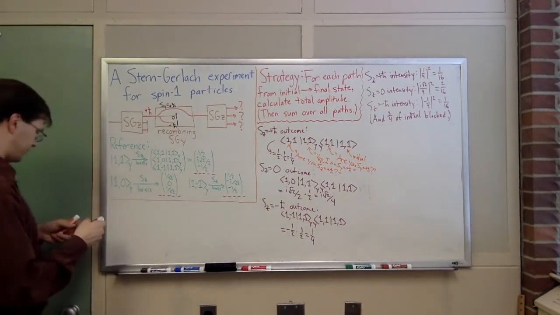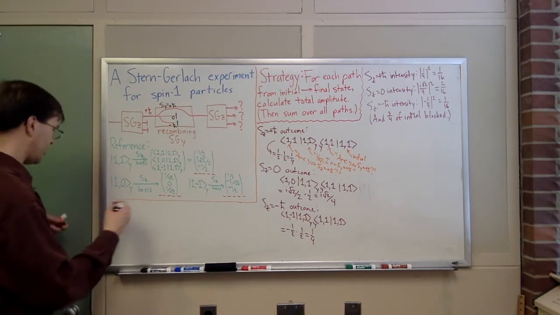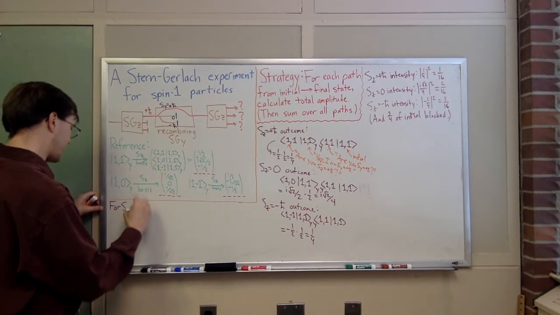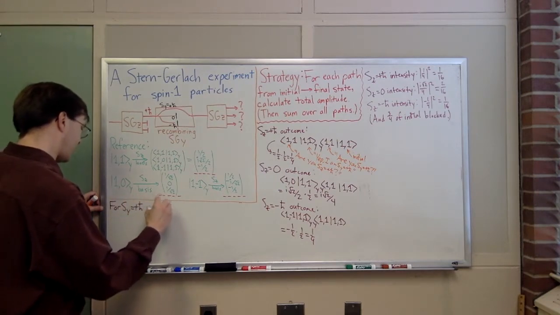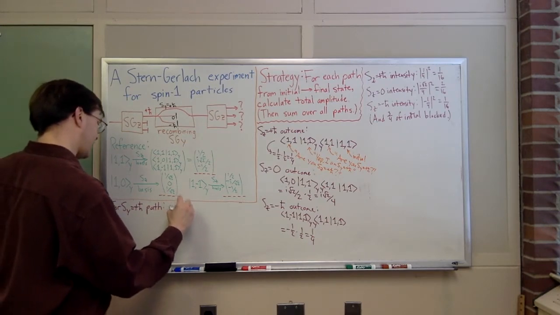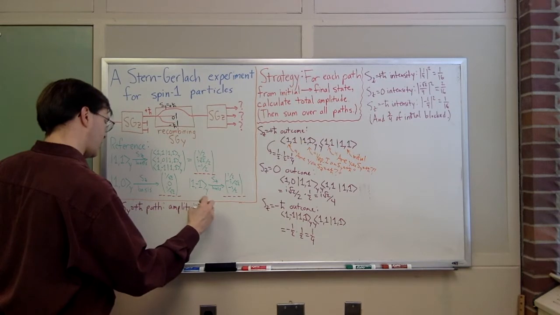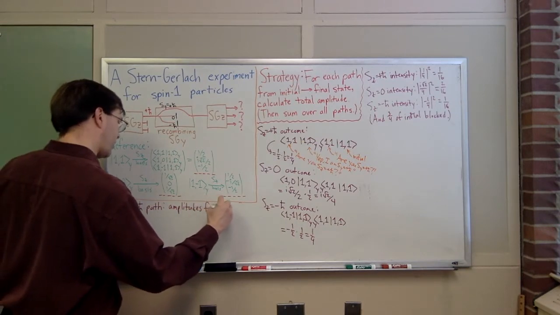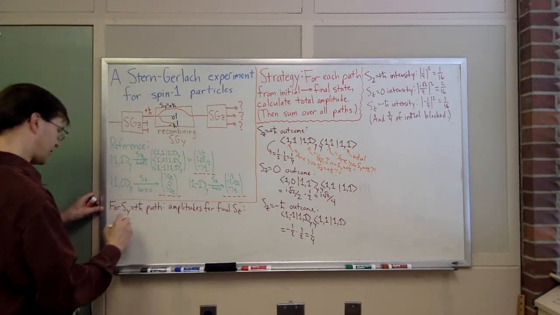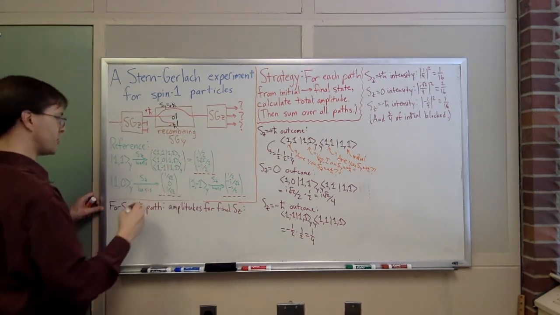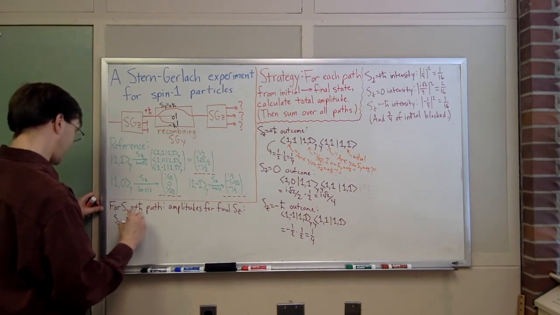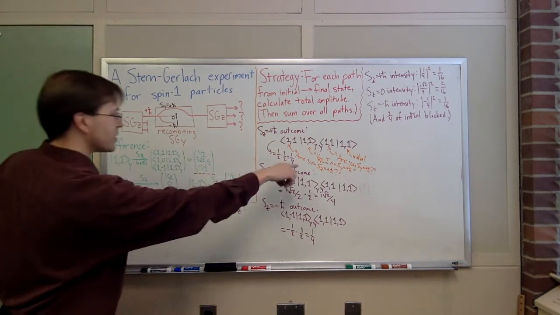So let me note that down by saying that for the Sy equals plus h bar path, the amplitudes for the final Sz were, for this path: Sz equals plus h bar, our amplitude was 1/4.